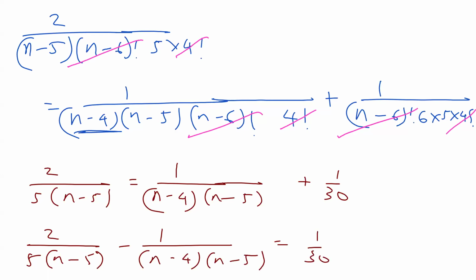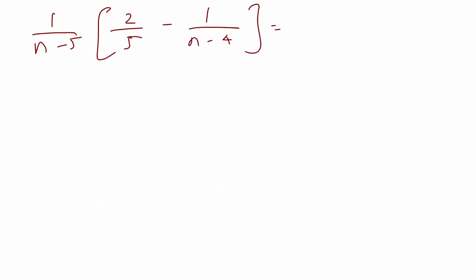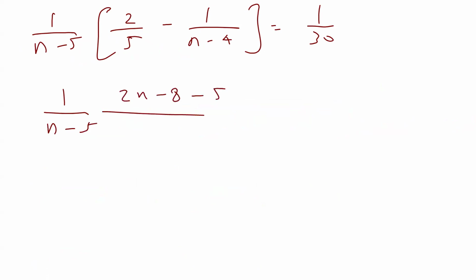Now take 1 upon n minus 5 common: 1 upon (n minus 5) times (2 by 5 minus 1 upon n minus 4) is equal to 1 upon 30. Take LCM: (2n minus 8 minus 5) upon 5 into (n minus 4).